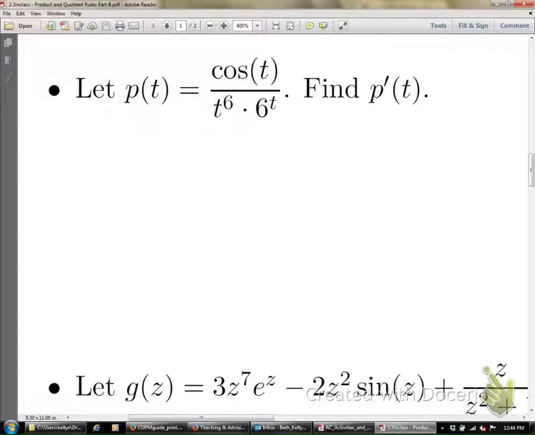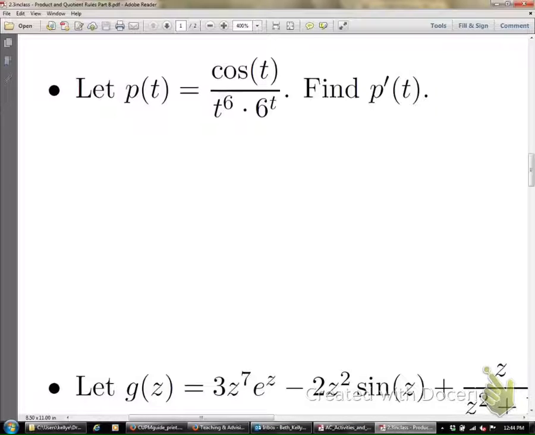So we have two fundamental operations going on here. We have division and multiplication. So the question is, what do we start with? Or in other words, what's the fundamental operation here? If you think about the order of operations, we really want to know what is the last thing you would do. Would you do the multiplication first, or would you do the division first?